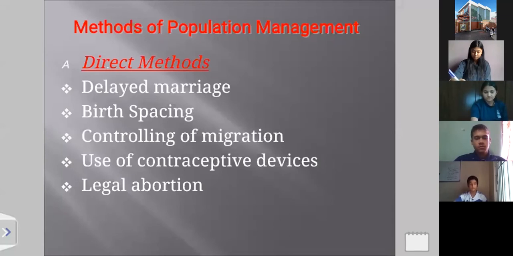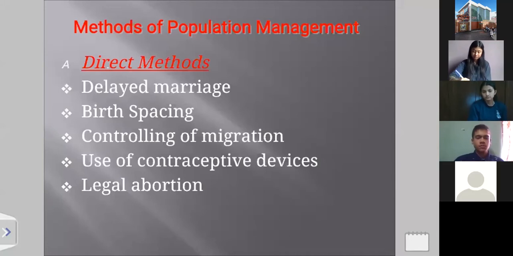Okay, my dear students, Mr. Saurabh Kafle shared with us about the second direct method, birth spacing, gapping to reproduce a baby. After having your first child, couples should make a gap. A birth spacing of at least 5 years is suitable before having a second baby.